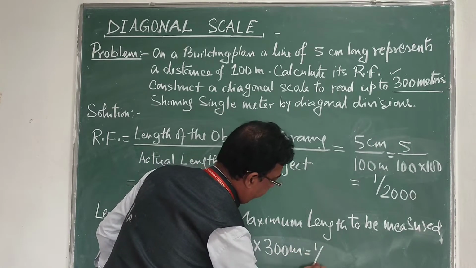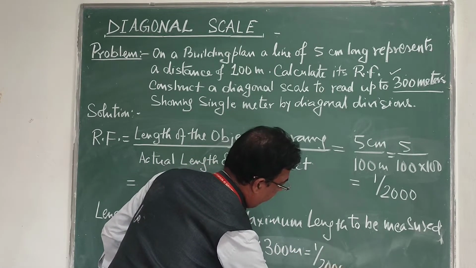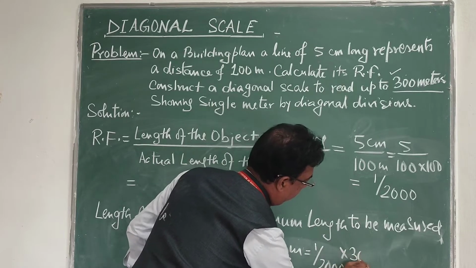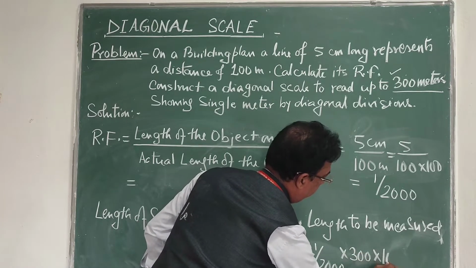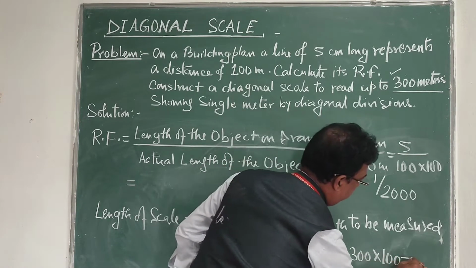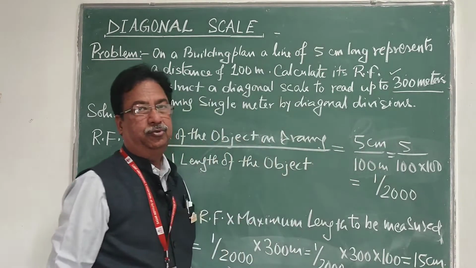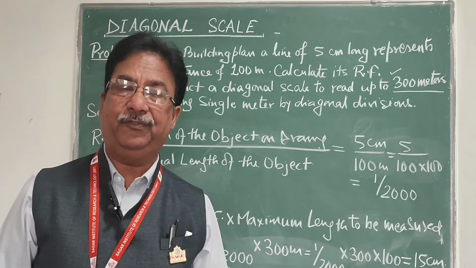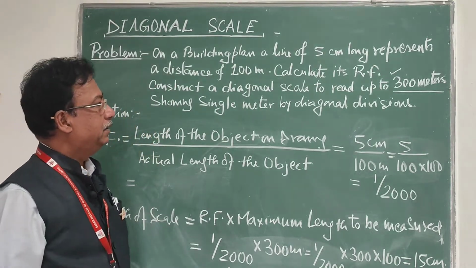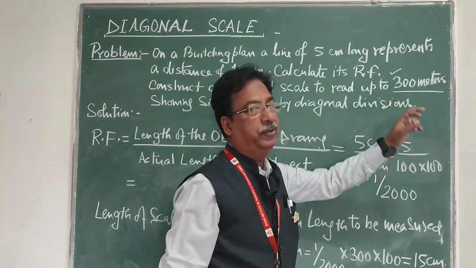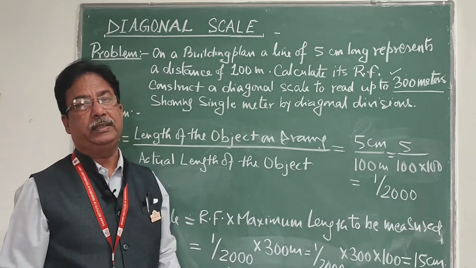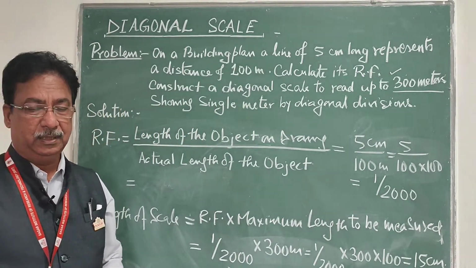So that is 1 upon 2000 into 300 into 100. So that comes 15 centimeter. So meaning that if I draw a line of 15 centimeter length, that will represent a distance of 300 meters.